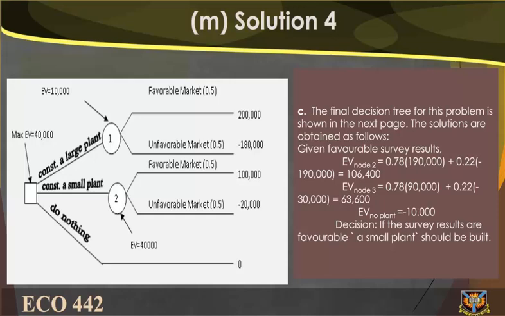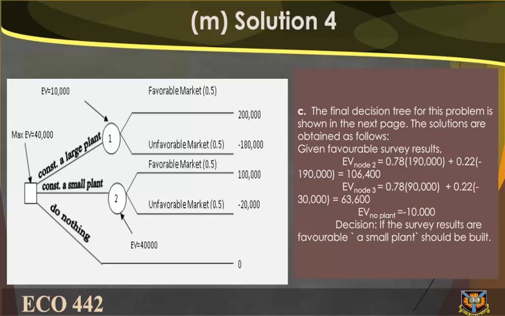The solutions are obtained as follows. 1. Given favorable survey results, EV node 2 equals 0.78 times 190,000 plus 0.22 times minus 190,000, which equals 106,400.